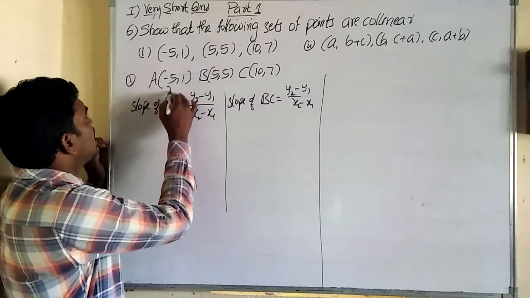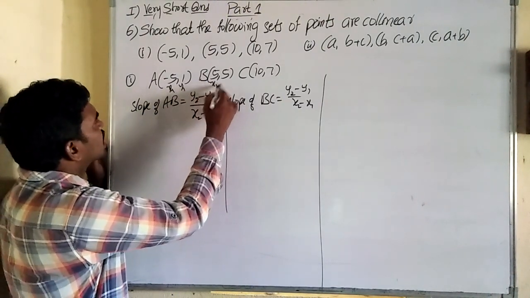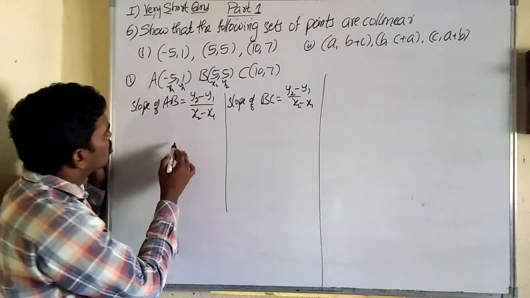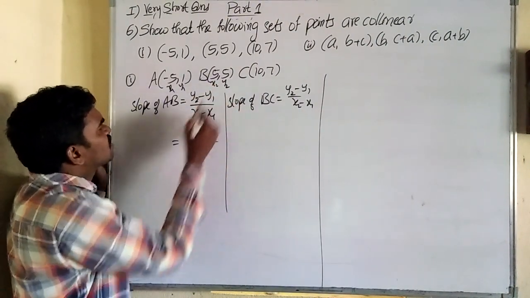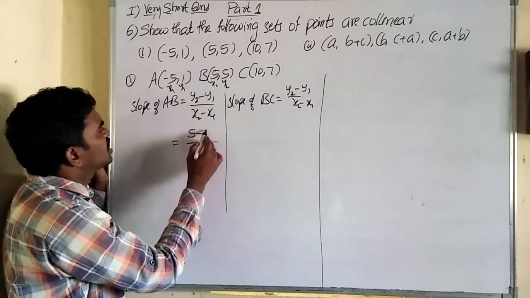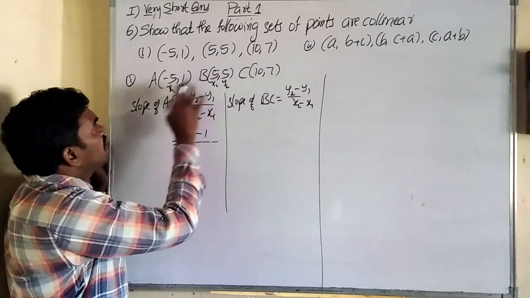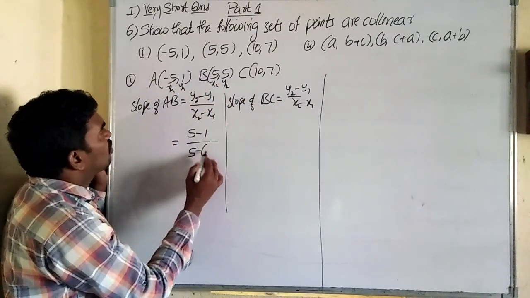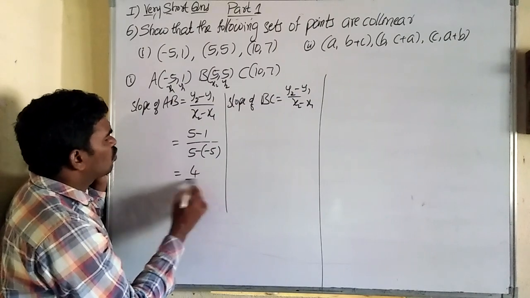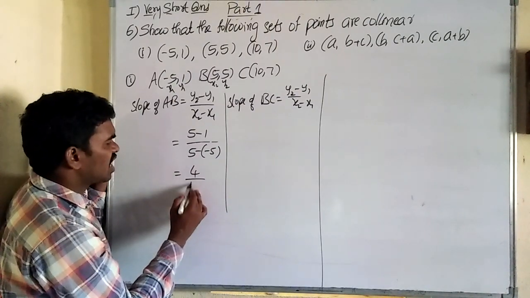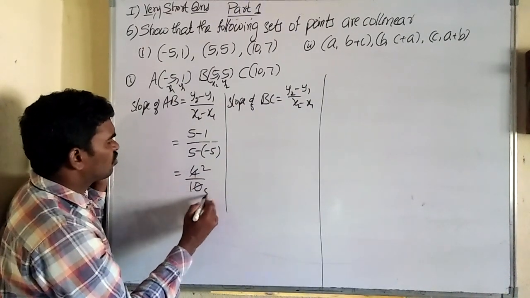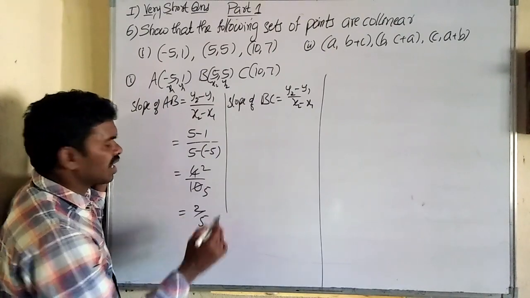A is x1 y1, B is x2 y2. So applying, y2 means 5 minus y1 means 1, by x2 minus x1, 5 minus of minus 5. So 4 by 10. Simplifying, I am getting 2 by 5.